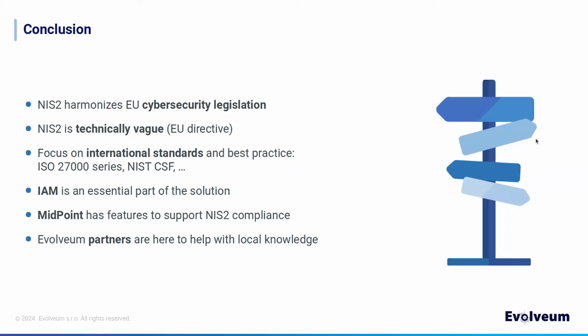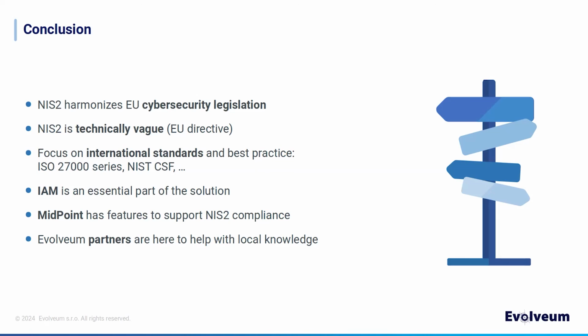Okay, let's summarize what we have learned today. First of all, the NIS2 Directive is harmonizing the European Union cybersecurity legislation. It is pretty much correcting the inconsistencies that were in cybersecurity regulation in the last few years, and the goal is to strengthen the European Union security posture overall.